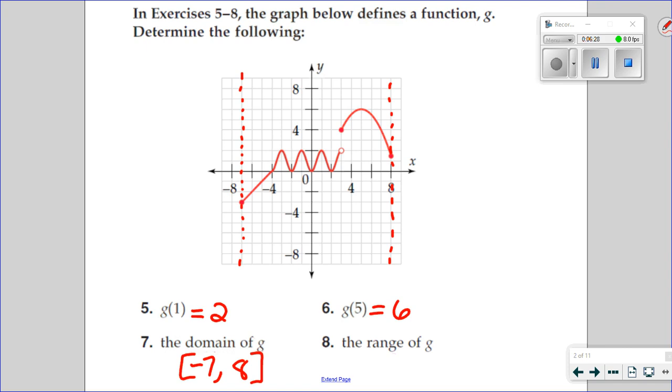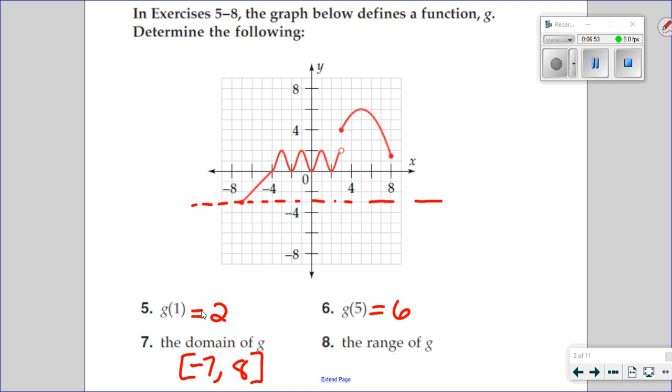Okay, to find the range, again, we're just going to change the perspective. We're going to look at the graph from the bottom to the top. And again, as I'm scanning over this graph from the bottom to the top, I know we have a break here, but we really don't have a break in our y values because we have part of the graph right here.